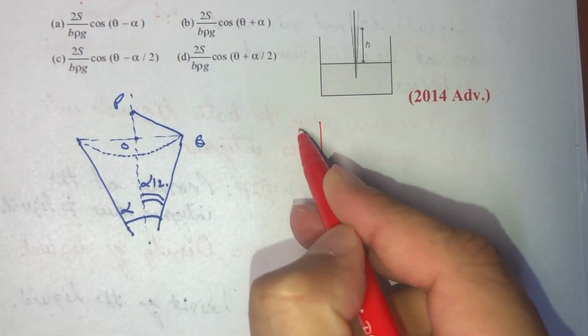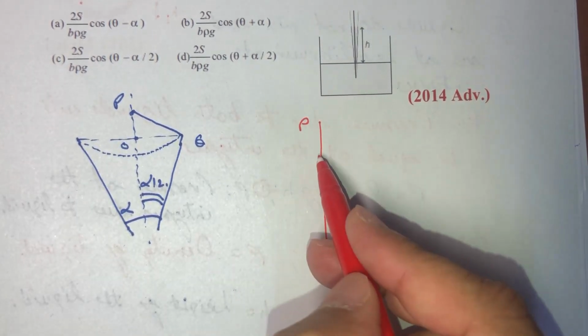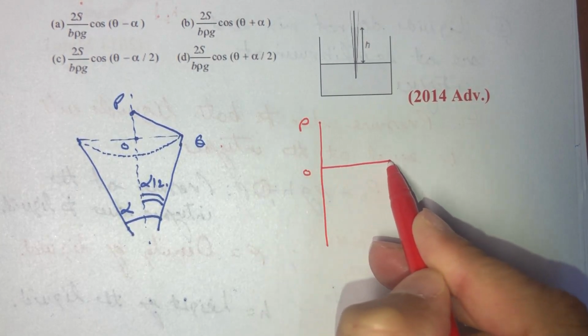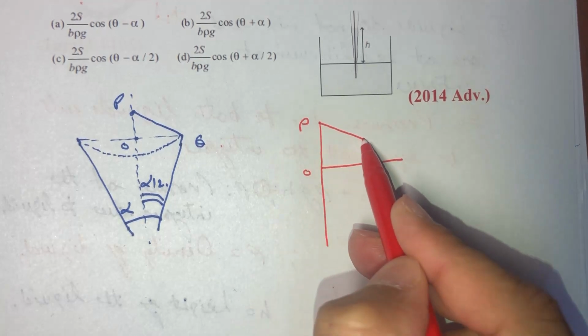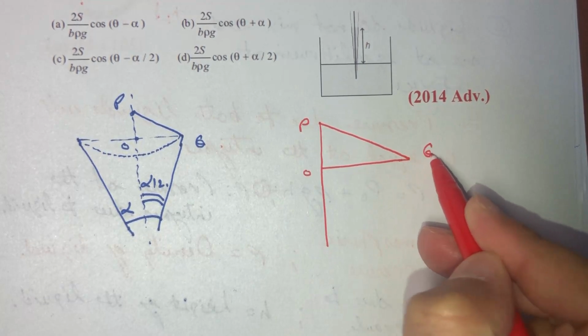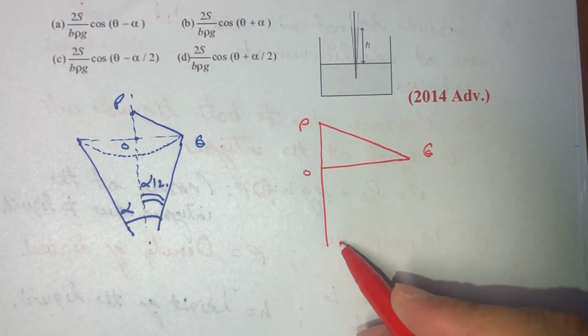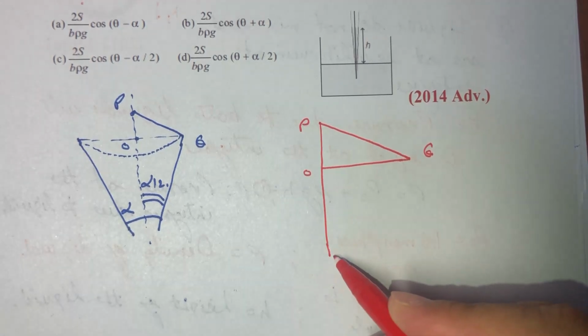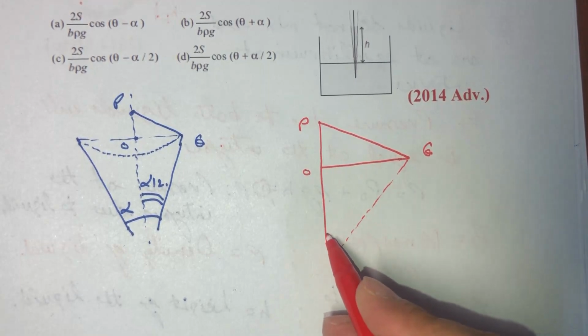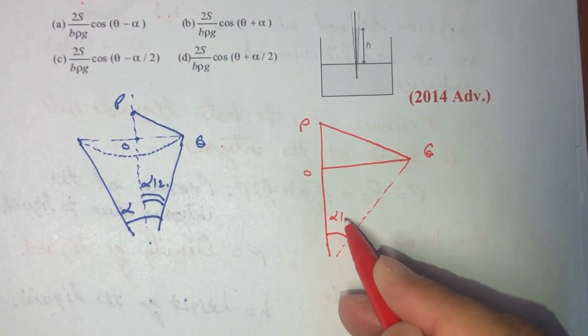This is point P, and we have a point O, and this is our point Q, joined like this, and we get alpha by 2.